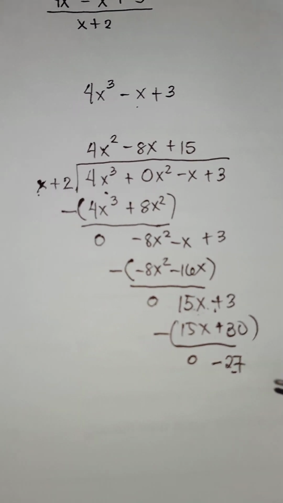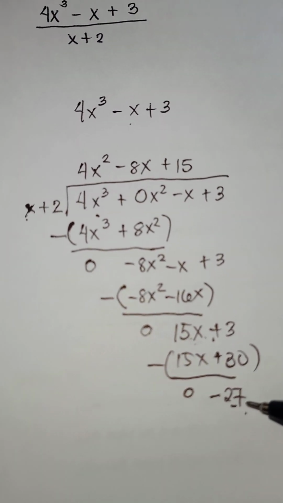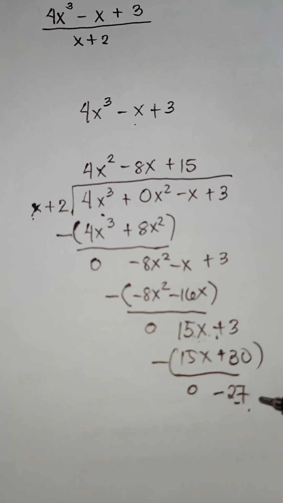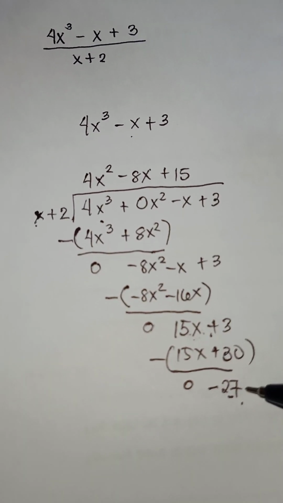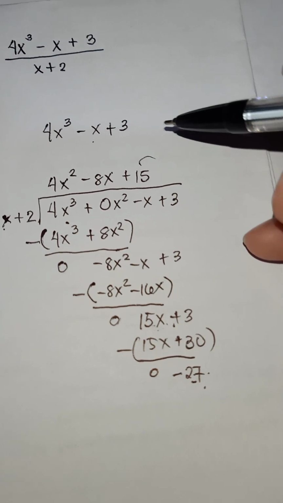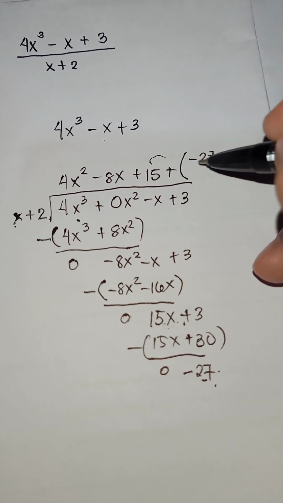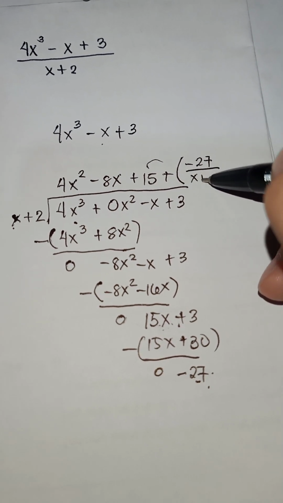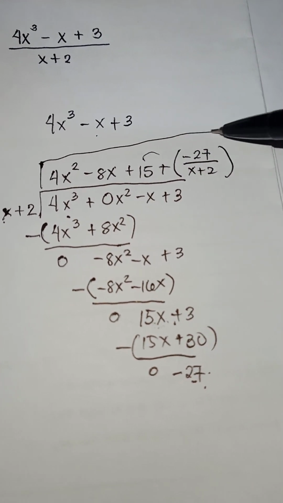Since the variable is not there, it is like x raised to 0, therefore we can no longer divide it by x. So this is now your remainder. That will be plus negative 27 over x plus 2. So this here is our quotient.